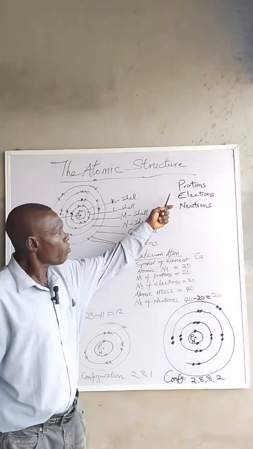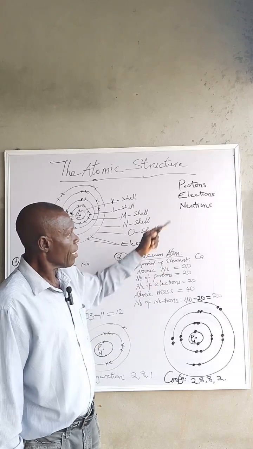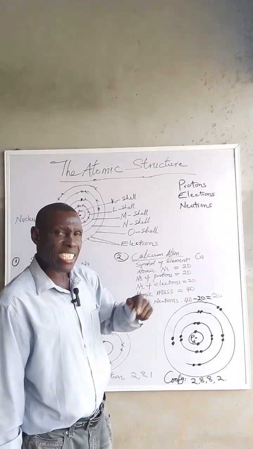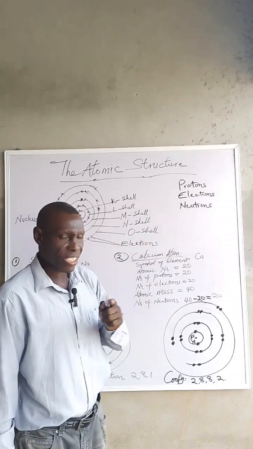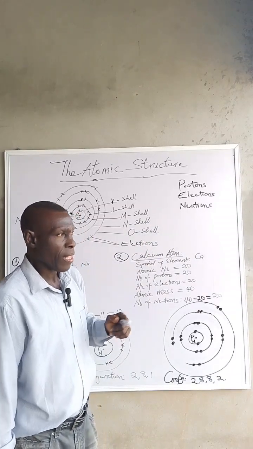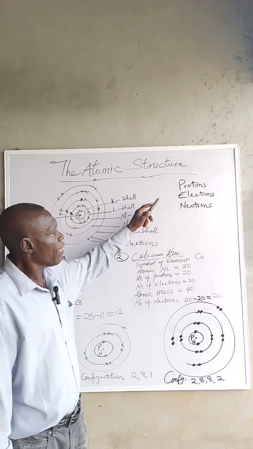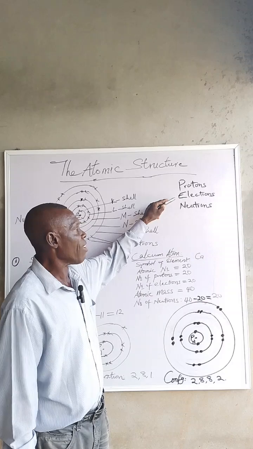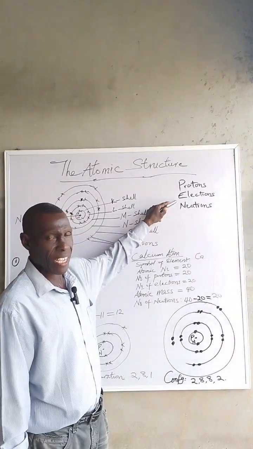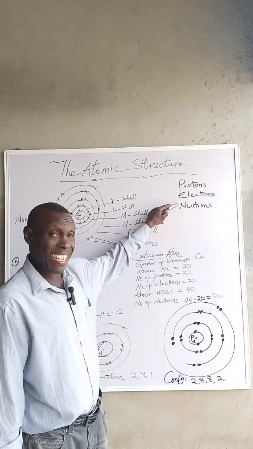Now, protons are positively charged particles. Electrons are negatively charged particles. Neutrons have no charges. In the ground state, the number of protons is always equal to the number of electrons in every given atom, and that is why an atom in the ground state is electrically neutral.